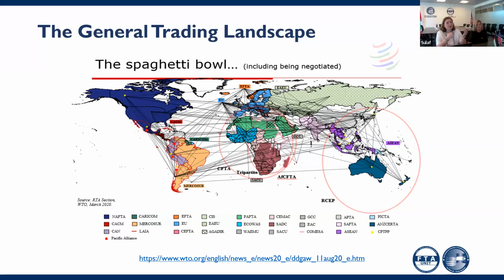If we look at the blue side, looking at North America, that's the US, Canada, Mexico trade agreement. So we have lots of bilateral and regional collaborations, and yet everybody within this map is part of the World Trade Organization, the WTO.